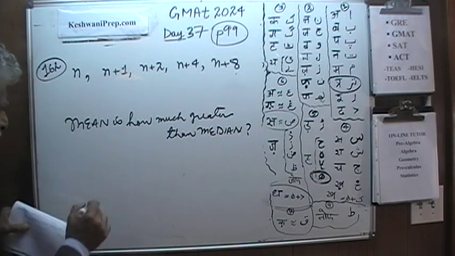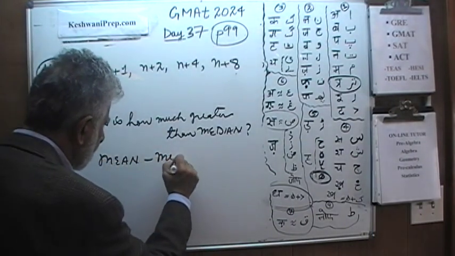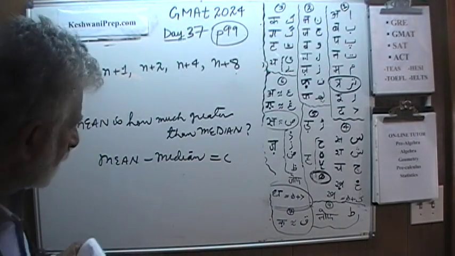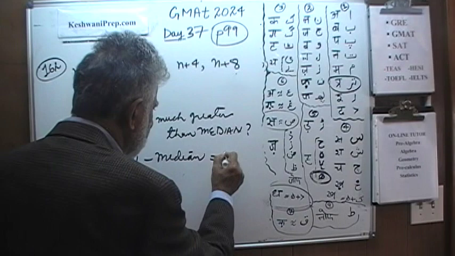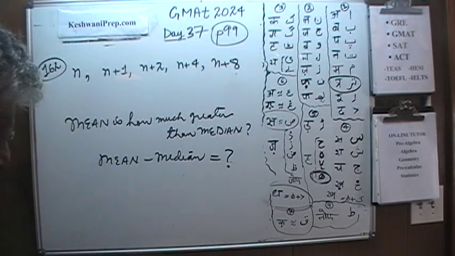We just have to figure out this difference, mean minus the median. That's what we're interested in. Let's take a look at it, shall we?